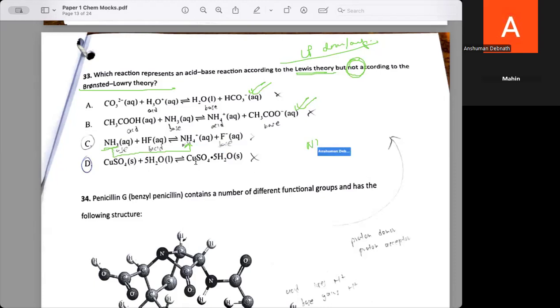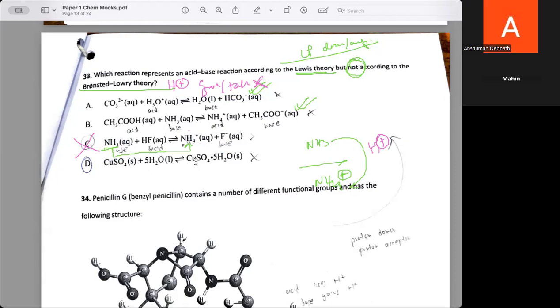See the change. Ammonia was there, afterwards we are having NH4 plus. What species changed, which species was added? H plus, right? So this cannot be the answer. Wherever H plus is given or taken, that reaction will not be the answer, right? Did you get it, Mahin? Understood.